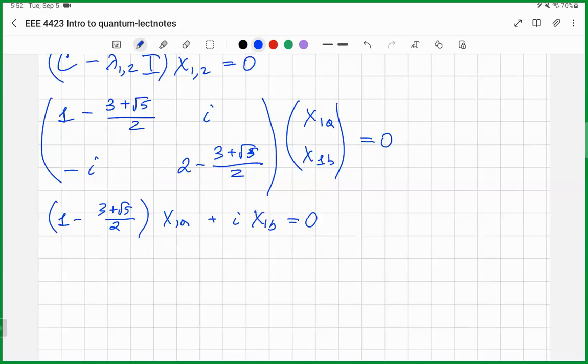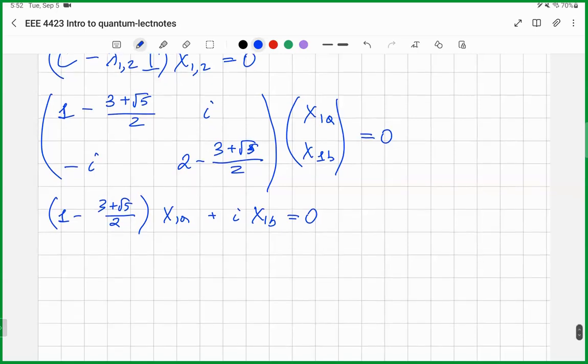And for the second one, do we get the same? No. Let me. Yeah, for the second one, we get minus i x1a, and then plus 2 minus (3 plus square root of 5) over 2 times x1b equal to 0.